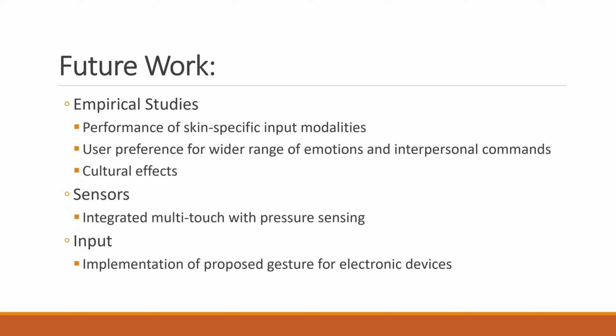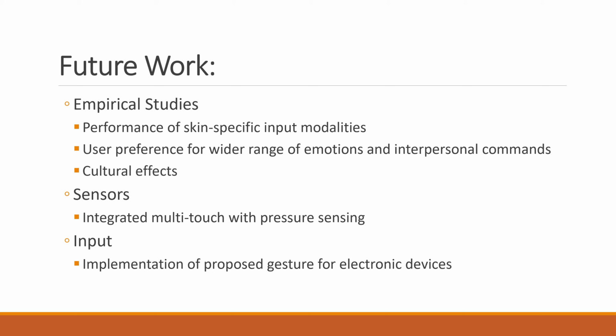So after this study, we do still have a large area of places where they could consider future work. The first empirical studies look at what is the actual performance of these input modalities. And other studies could define, are there additional emotions or interpersonal commands that could expand the list of gestures.